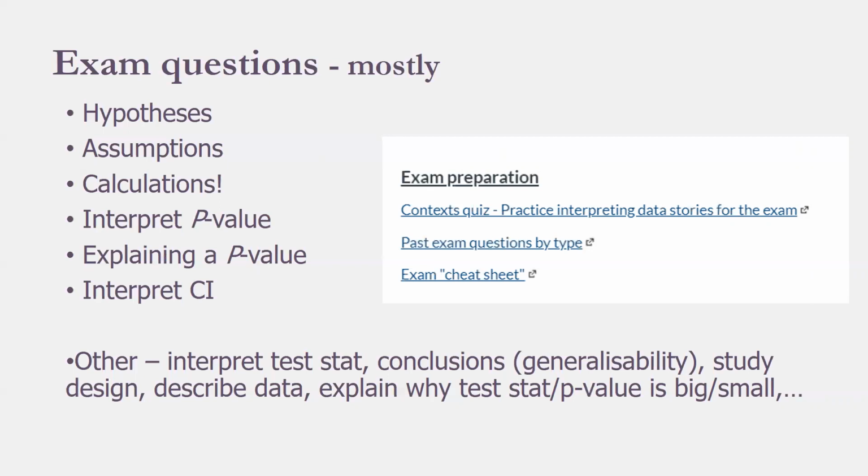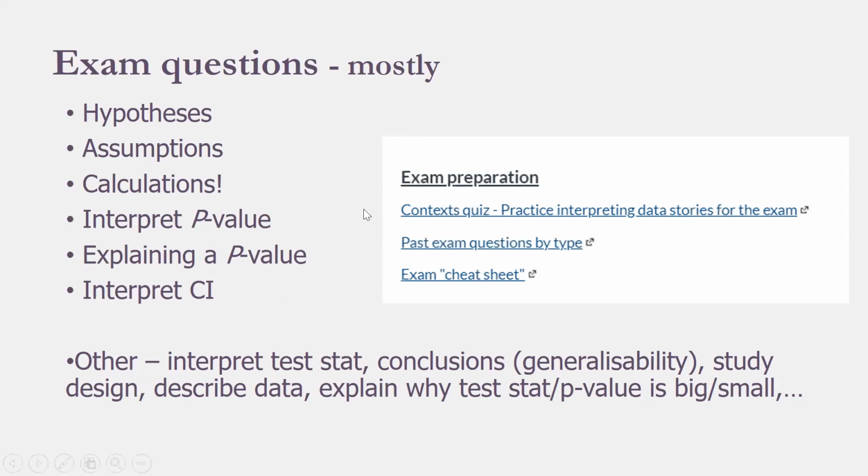Because we've got so much hypothesis testing in the exam, you can kind of break down the question types into these 6 broad categories. There are some extra sort of questions that don't fit those 6 categories, but that's it generally. And to help you out, there are 3 resources that I've provided, and I'll put them in with the recordings.